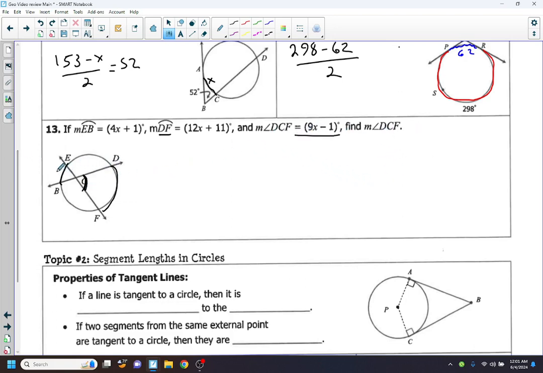In this case, remember, the angle is the average of the 2 outside arcs. So 4x plus 1 plus 12x plus 11, all divided by 2, equals 9x minus 1. Do quite a bit of algebra, find x, and then just plug it back in to get your DCF.